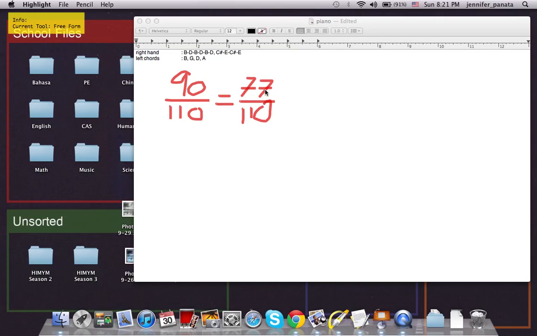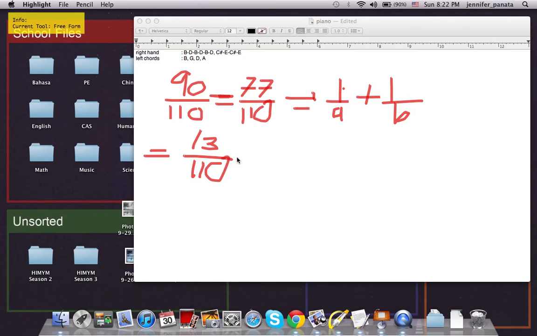Because this actually equals 1 over a plus 1 over b, it means we have to subtract: 90 over 110 minus 77 over 110, which gives you 13 over 110. So 13 over 110 is equal to 1 over a plus 1 over b.